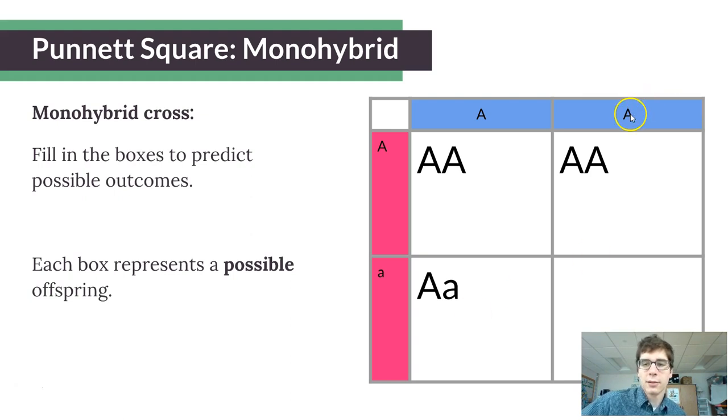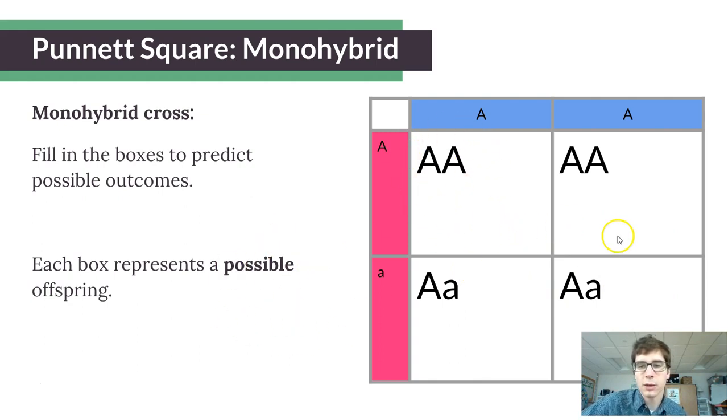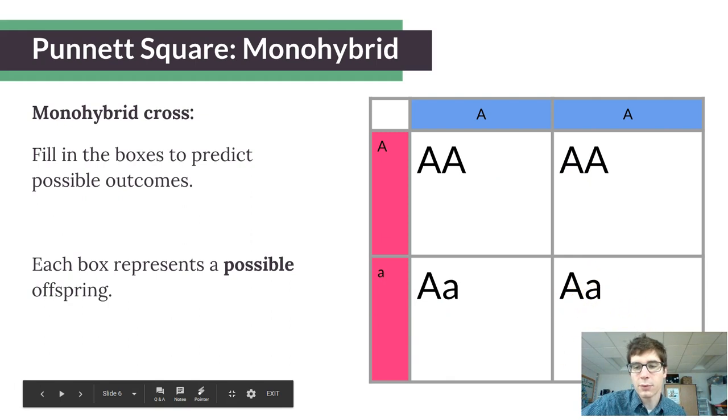And last, we have capital A from dad, lowercase a from mom, giving us another genotype of capital A, lowercase a. As we look at this, what this represents then is a possible offspring. So it's possible that they could create this offspring. It's possible that this would be a gene combination. It's possible for this, and it's possible for this.